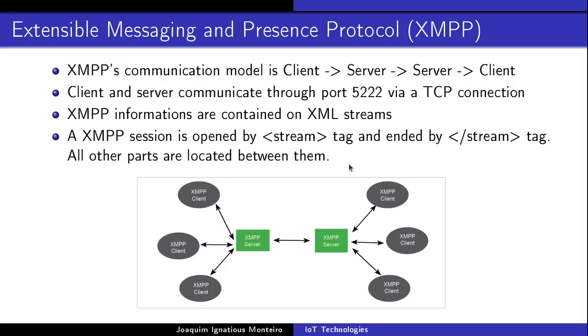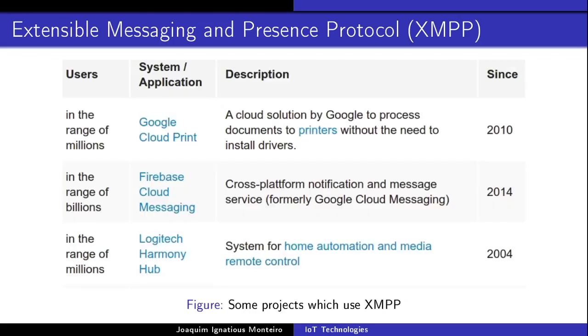I'll try to skip these things because it involves some sort of programming, but there are services which do use XMPP, say your Google Cloud Print, then the Firebase Cloud Messenger. Google Firebase is really a very good tool to publish your IoT device data on the internet. Okay, right.